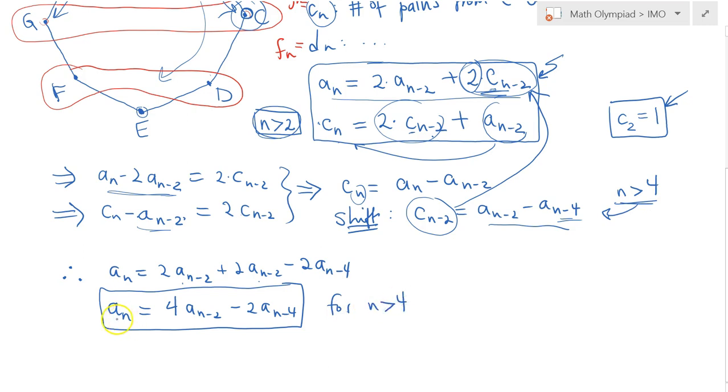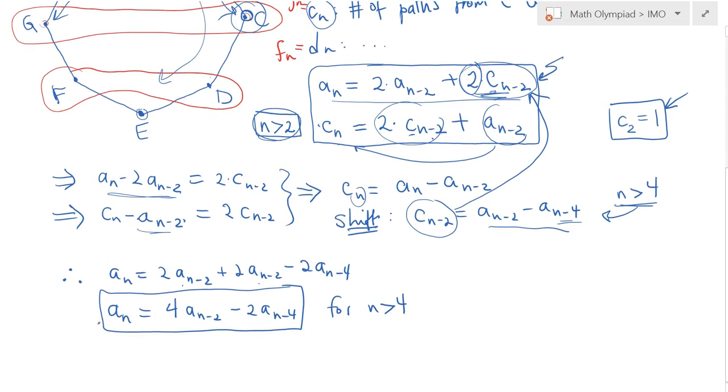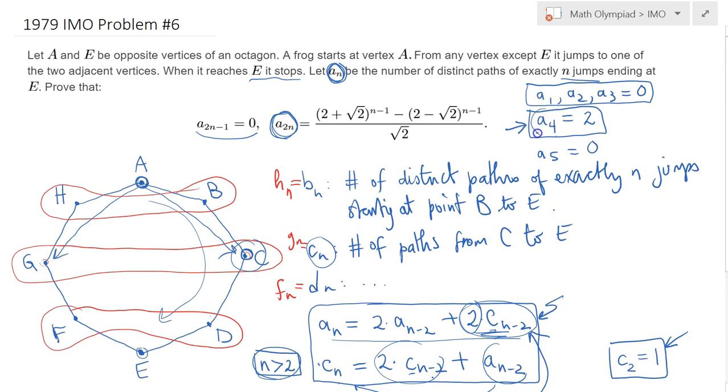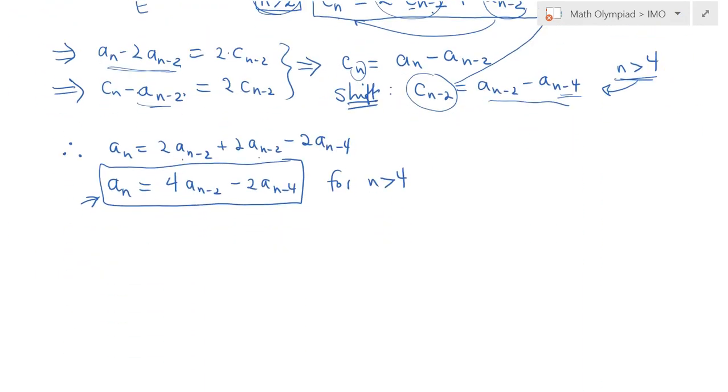Claim that this recursion uniquely defines the sequence a sub n, because if we combine this recurrence relation with the earlier initial conditions, for example a sub 4 is 2 and a sub 1, 2, 3 is 0, let's make use of this. Let's write that, where a sub 1 equals a sub 2 equals a sub 3 equals 0, and a sub 4, finishing the game starting from point A to point E in 4 jumps.